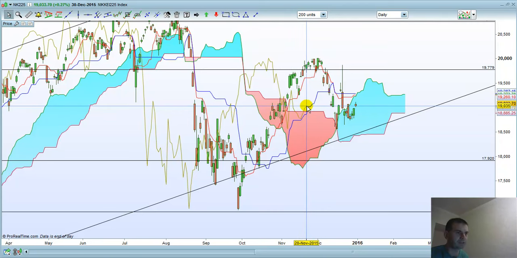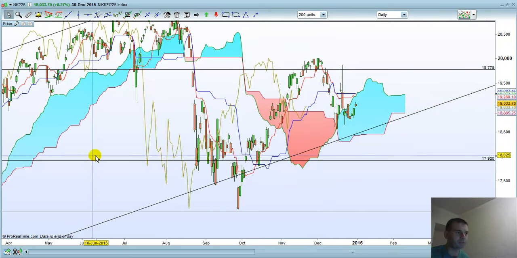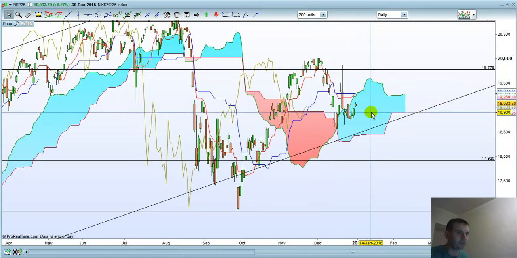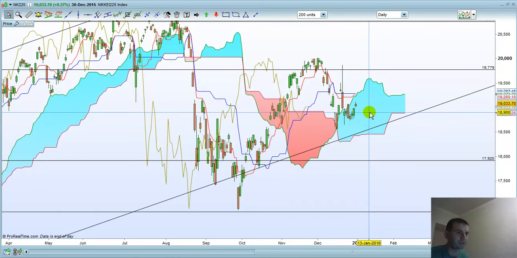The Tenkan-sen line is over the price, and it indicates the bearish character of the movement. So there is the major bullish movement, but current movement is a little bit bearish. So we should wait until the participants of the market determine with their decision the further direction.